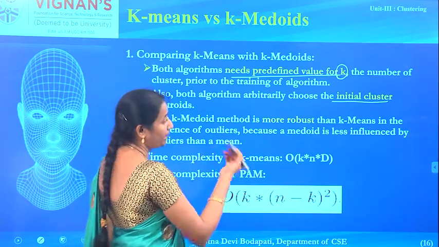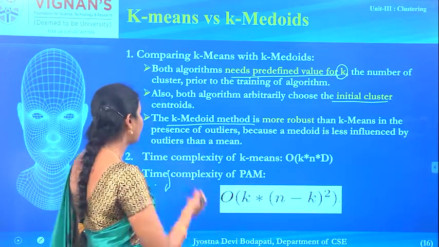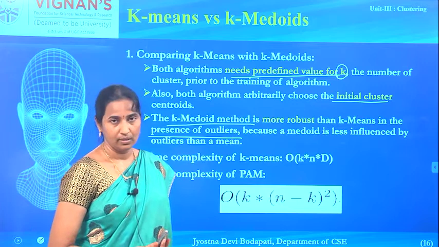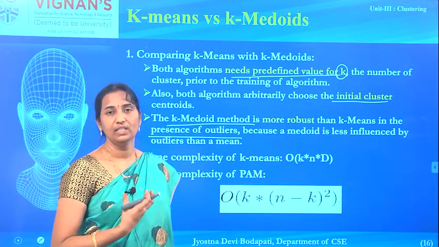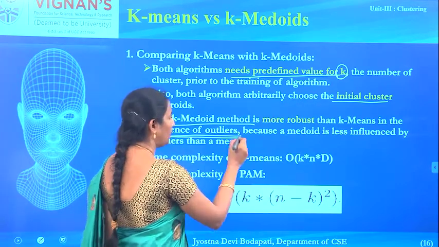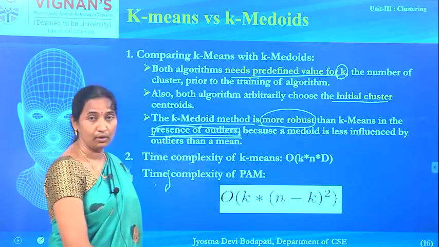And then, how are they different? K-medoids is more robust because it's not much sensitive to outliers. It can deal very well with outliers, because you are insisting that one of the data points must be the medoid. Because of that constraint, it is much more robust when compared to the K-means algorithm.